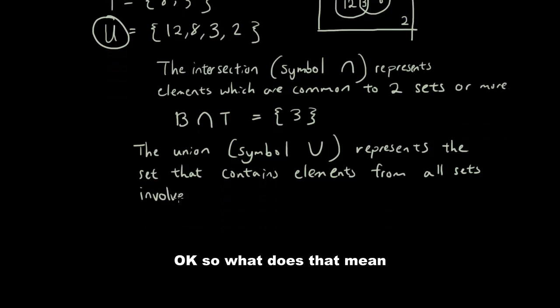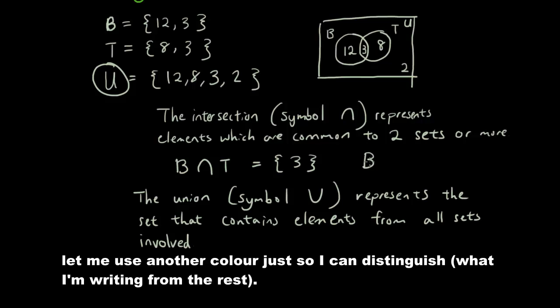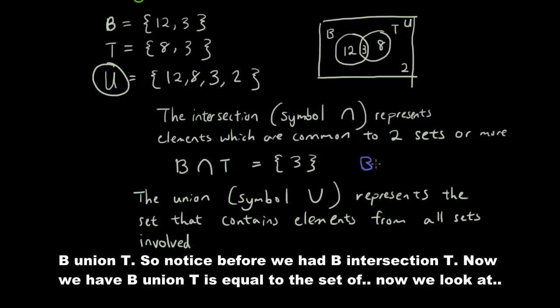Okay, so what does that mean? Well, looking at this diagram here, so this is our Venn diagram. If I said B, let me use another color just so I can distinguish. B union T. So notice how before we had B intersection T, now we have B union T is equal to the set of.